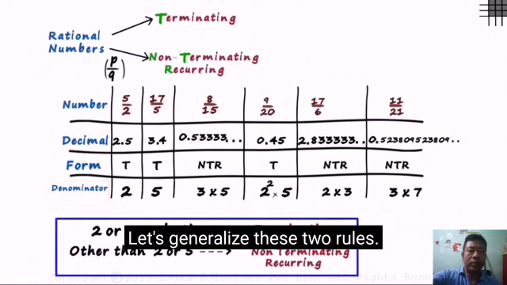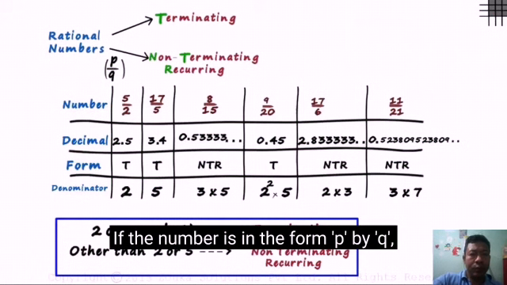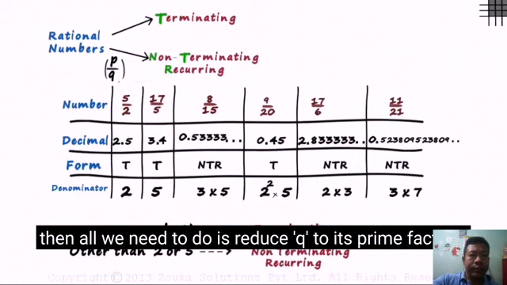Let's generalize these 2 rules. If the number is in the form of p by q, then all we need to do is reduce q to its prime factors.